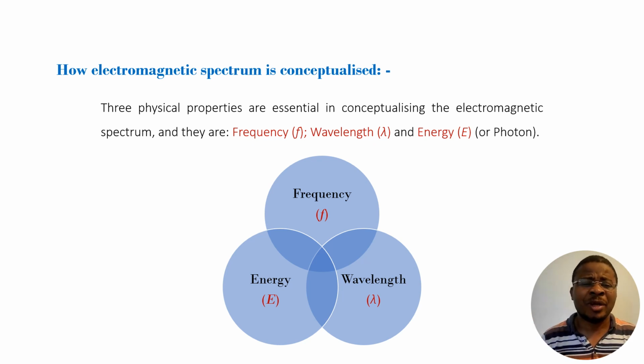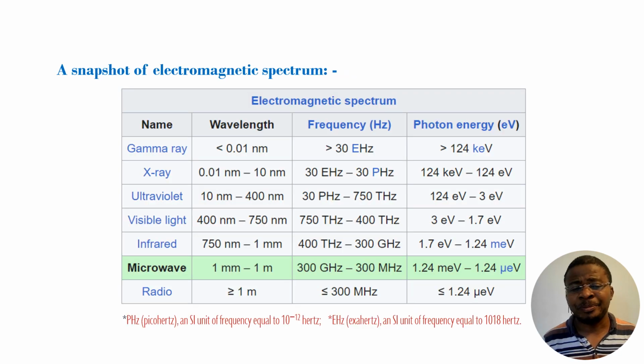So these three physical properties are essential in understanding and conceptualizing electromagnetic spectrum because in an increasing order of frequency, we can arrange the components of the electromagnetic radiation in an order. And in a decreasing order of frequency, we can also see how the components can be arranged.